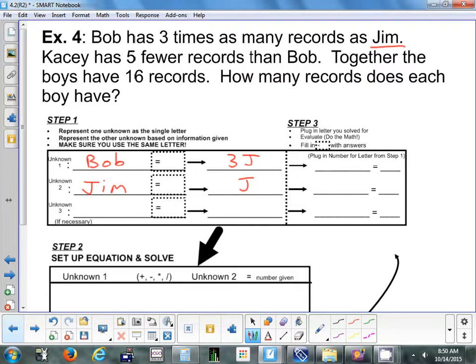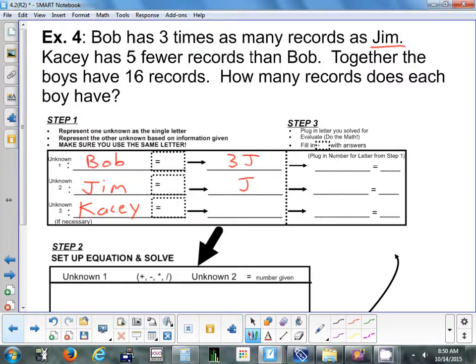All right. Now we've got 1 more unknown. Casey. So on your 3rd unknown, write Casey. And now we got to write how many Casey has. Casey has 5 fewer than Bob. So we know how many Bob has.